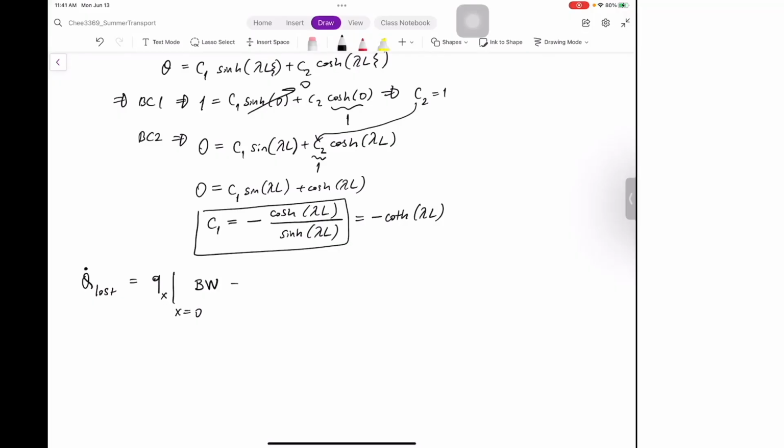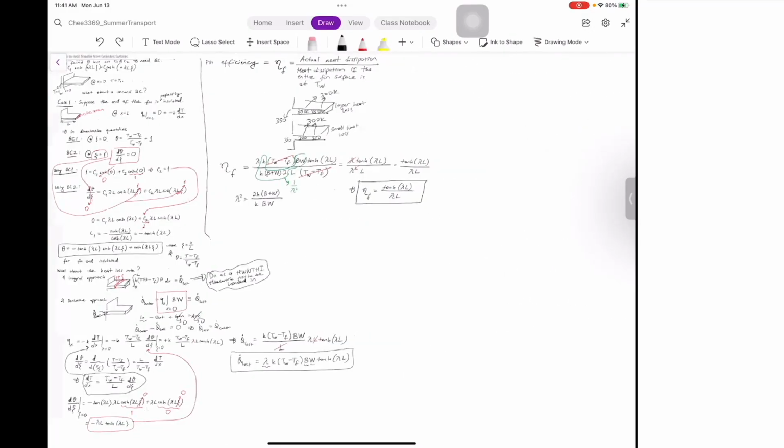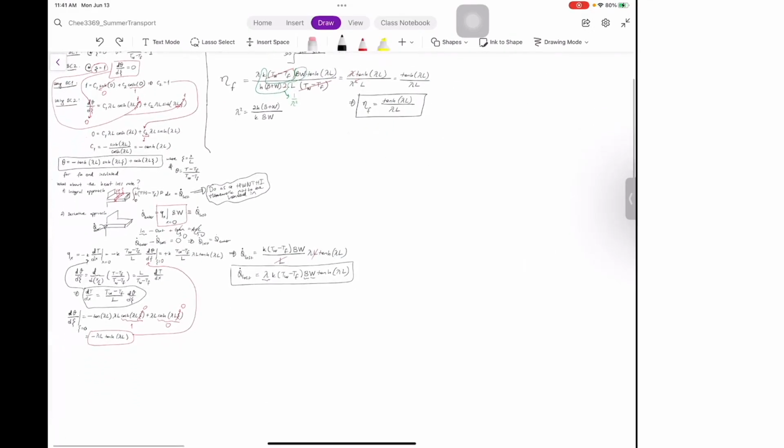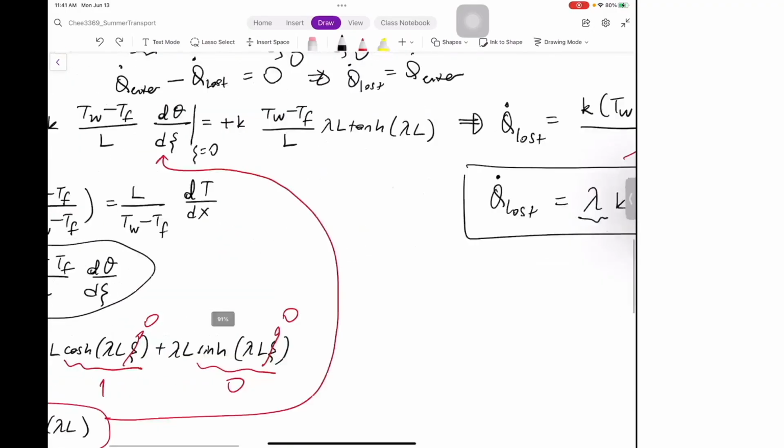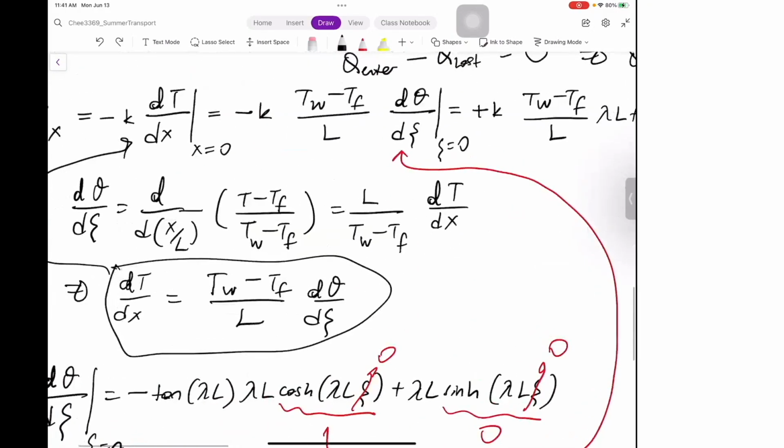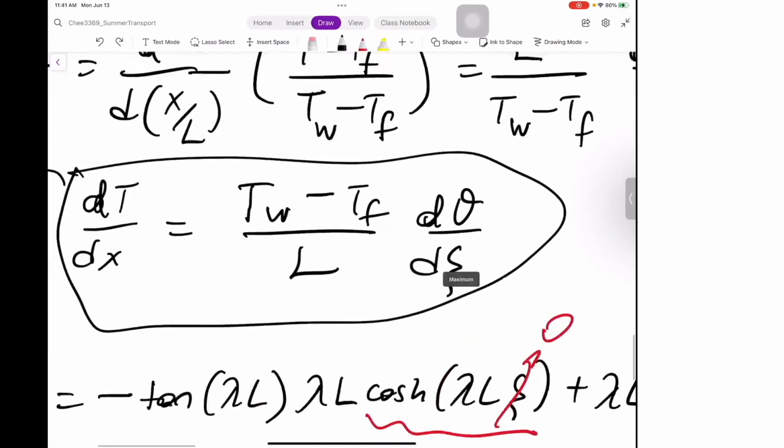And that's equal to minus k dT over dx at x equal to 0 times BW. And from our previous calculations, we found that dT over dx is Tw minus Tf over L times d theta over d psi.